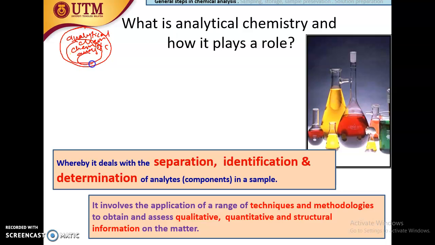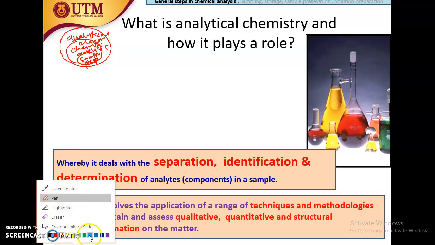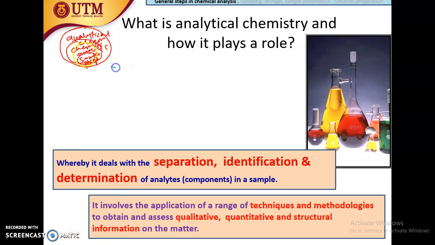And then another subset inside chemical analysis is our sample prep. In order for us to understand the sample preparation, we have to understand the analytical chemistry.